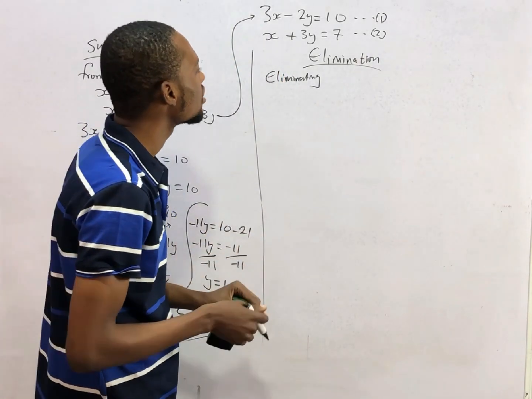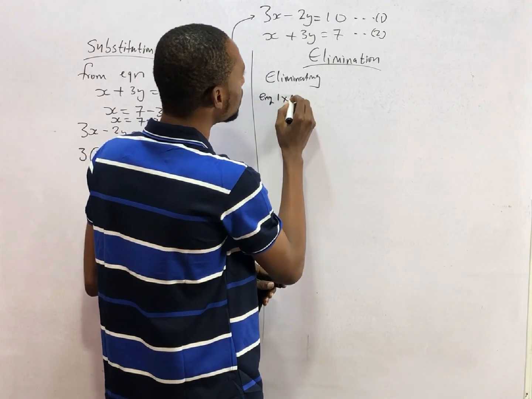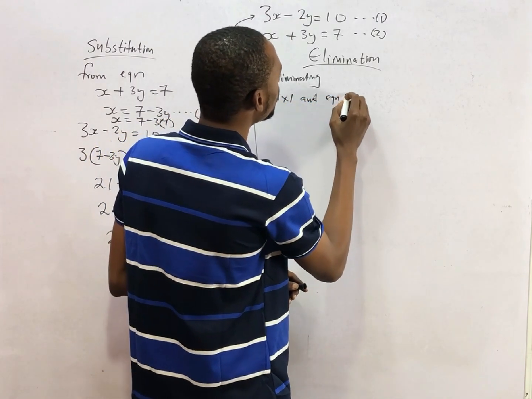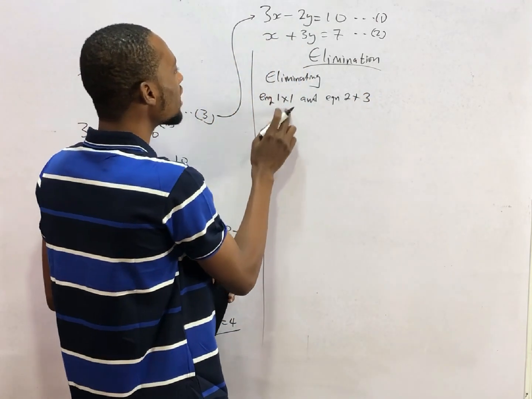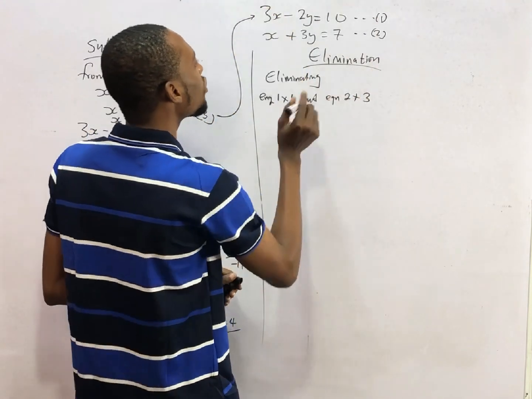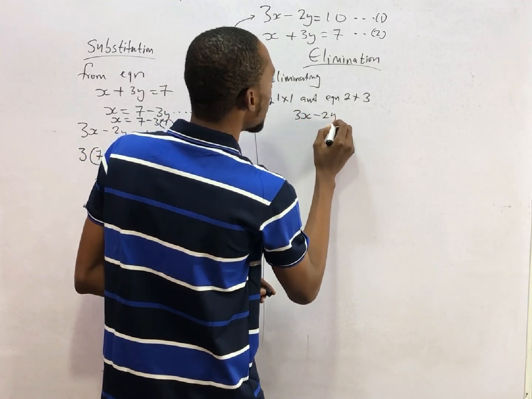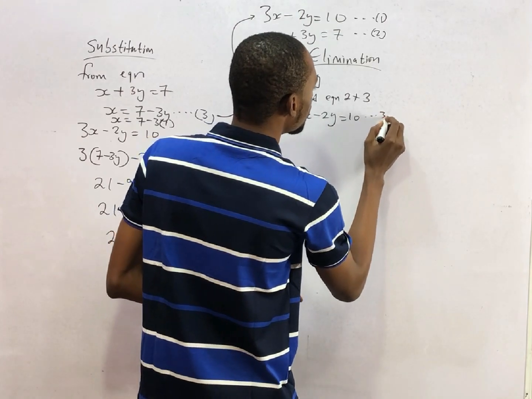What would that be? If I say equation 1 times 1 and equation 2 times 3, this is what will happen. When I use 1 to multiply equation 1, it will remain the same, to give you 3s minus 2y equals 10. You call this equation 3.